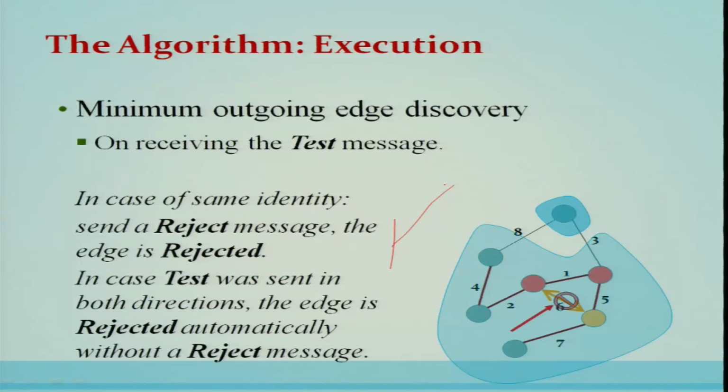Same identity means it is in the same fragment. Same fragment, the connection will lead to a cycle. In case the test was sent in both directions, the edge is rejected automatically without a reject message.